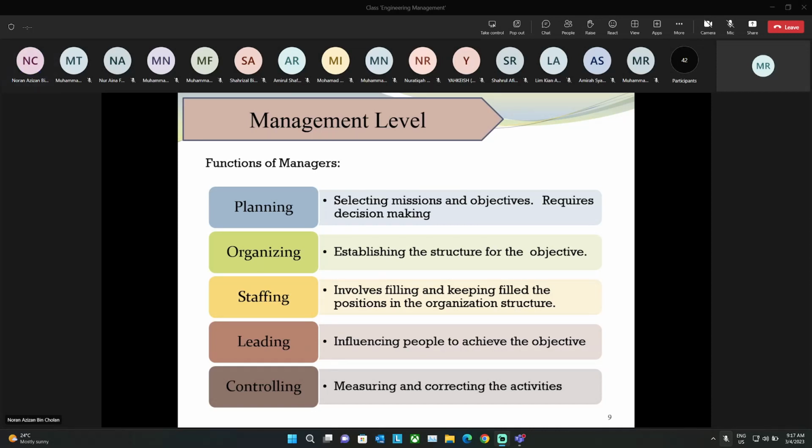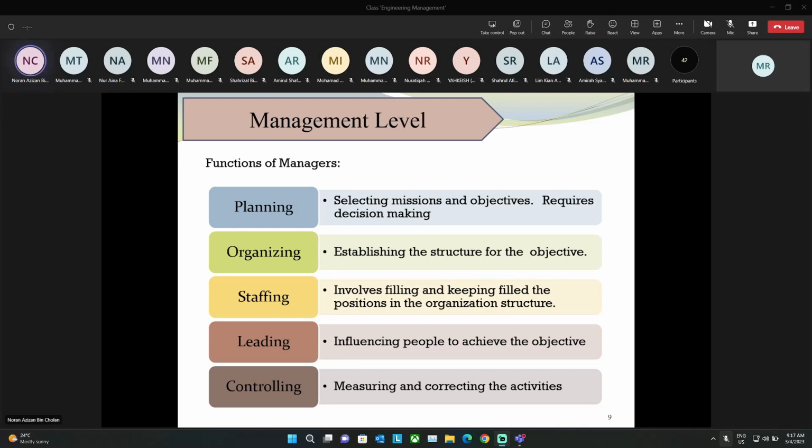We need to know about the balance sheet, about the profit or losses. And from that data, what action can we take so that we can optimize or increase the profit? So this is in terms of financial. The controlling usually involves evaluation activities. So this is the function of managers.